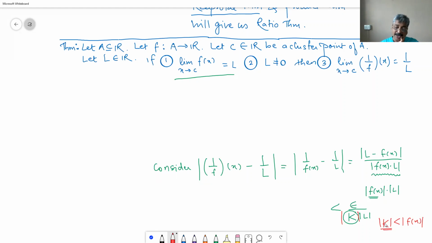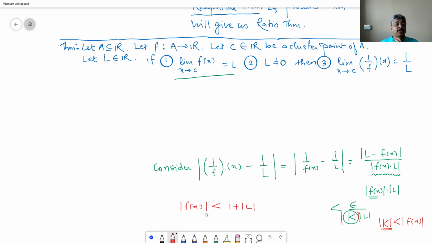If we could find this constant, then we can directly replace it and we will not disturb the inequality. We don't want a bigger number, we want a smaller number because it is in the denominator. If we wanted a bigger number, then in the last lecture we proved that the absolute value of f of x is less than 1 plus mod L. So we get a bigger number than mod f of x.